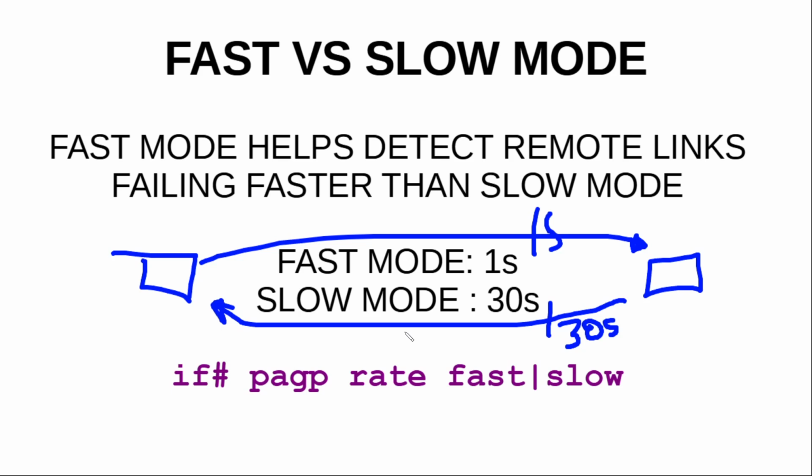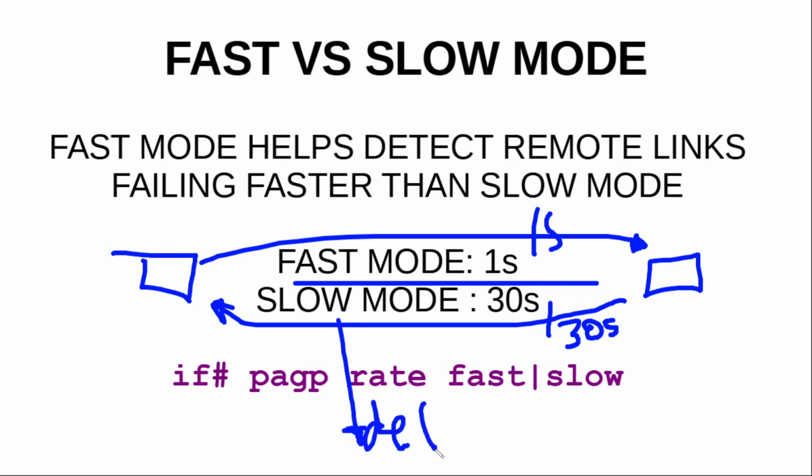So if you use slow hellos, it will take longer for a switch to figure out a remote interface on the other side is down or is having problems. So the recommended way is to use fast mode. However, slow mode is the default.